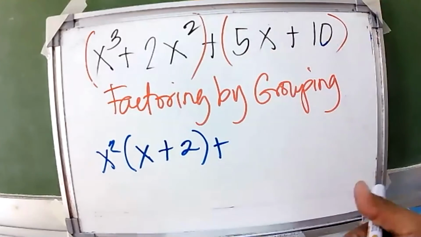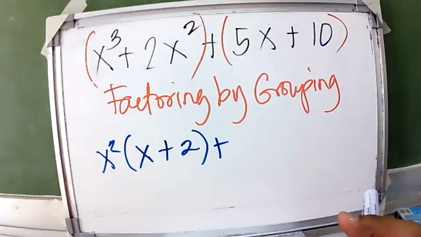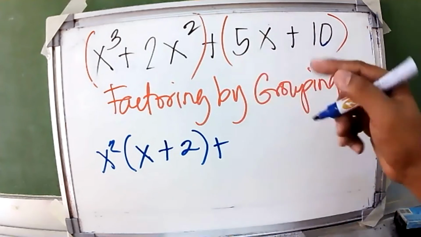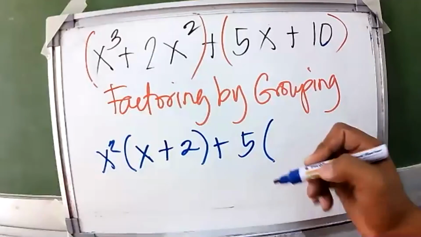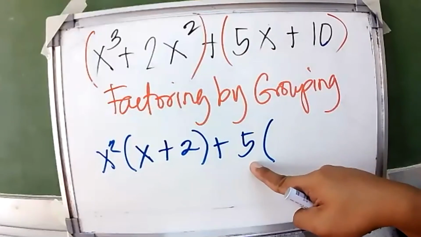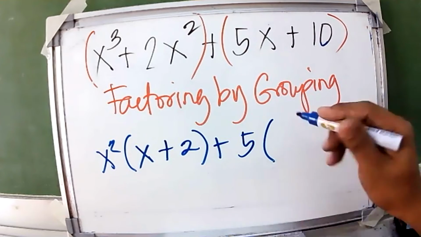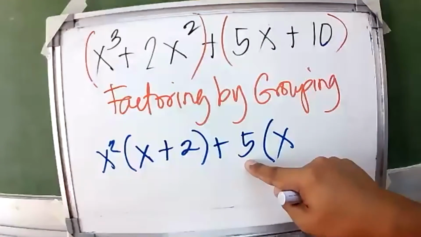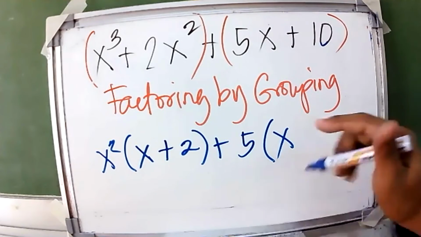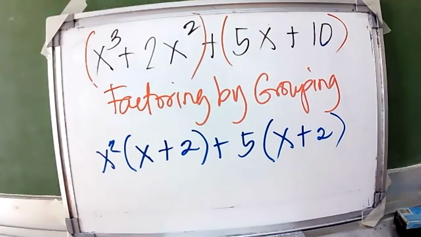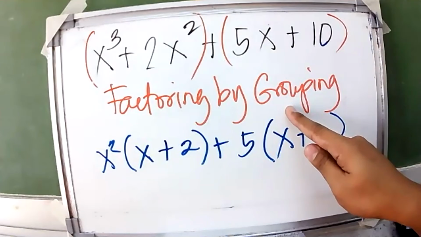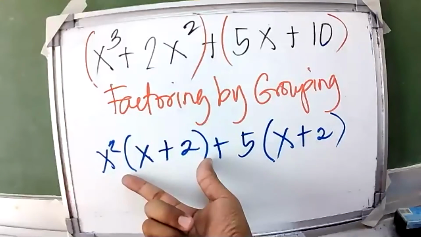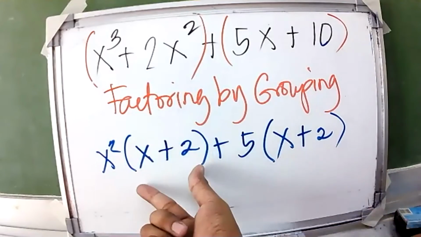Is there a common factor here? 5x and 10, there's a common factor. What's the common factor? 5. Exactly. The common factor is 5. So, take out 5. What's left inside? 5x divided by x is x. And 10 divided by 5 is 2. Plus 2. Okay. And then, that's not yet finished. Remember, in factoring by grouping, the purpose is that after factoring, after grouping, identical terms come out.